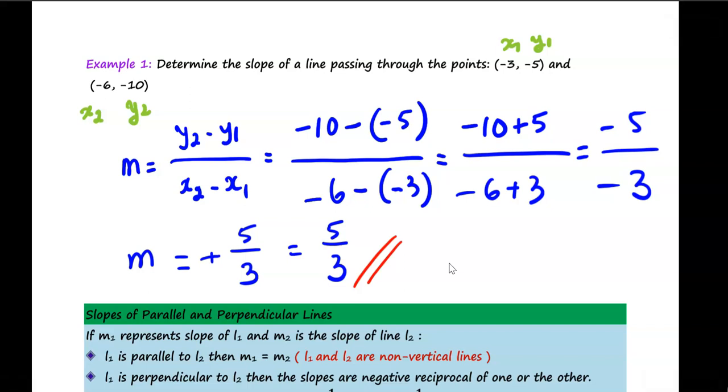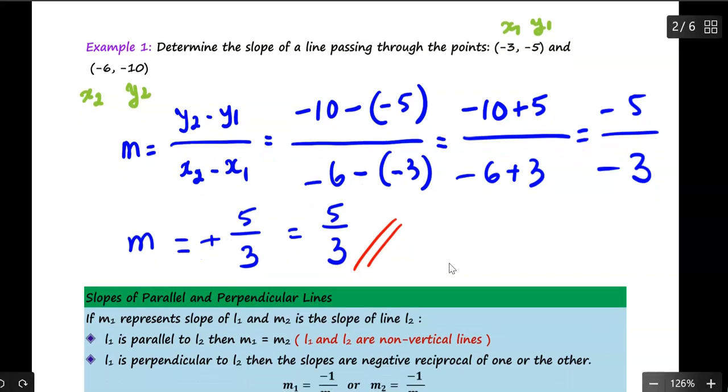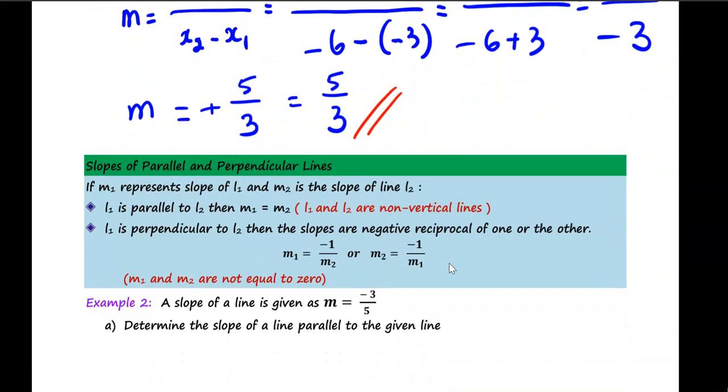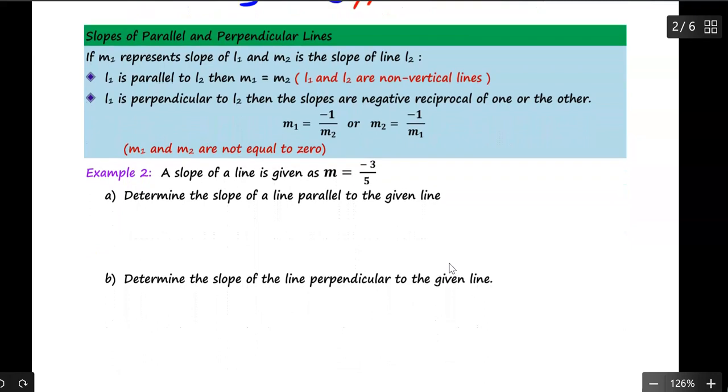So let's learn the characteristics of the slope of a line. After we know what the slope is, we can find the slope of lines that are parallel to each other or perpendicular to each other. So the definition here is this.